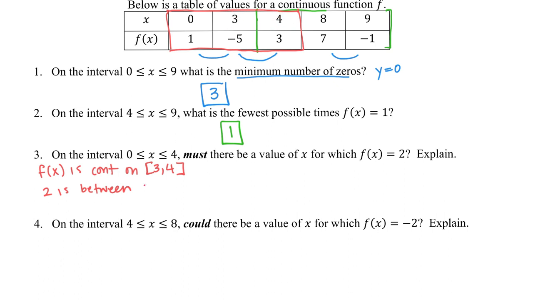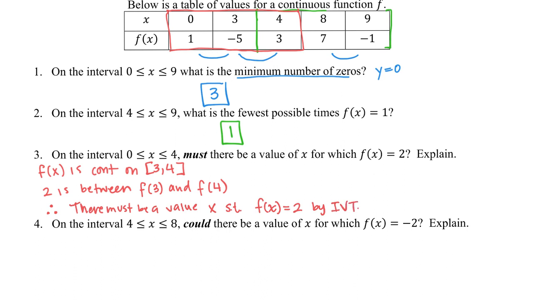So 2 is between f of 3 and f of 4. Then I can conclude there must be a value x such that f of x equals 2 by the intermediate value theorem.